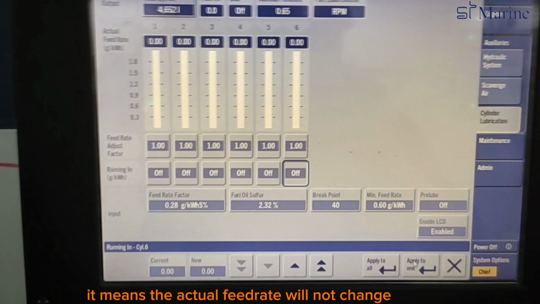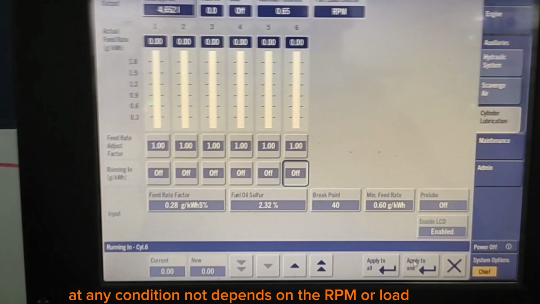It means the actual feed rate will not change under any condition, not depending on the RPM or load, but it fixes the value you input for running in.